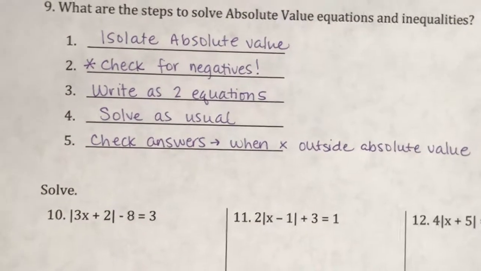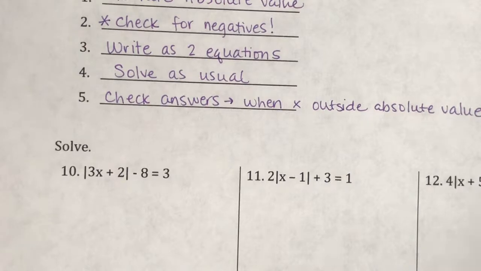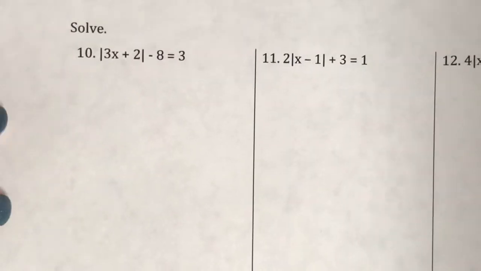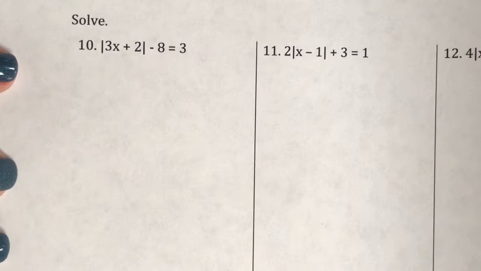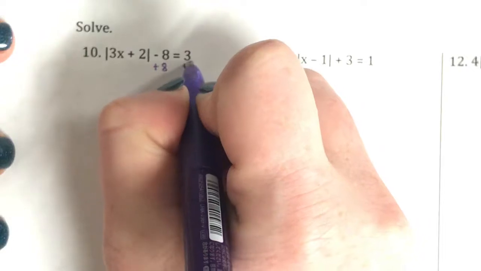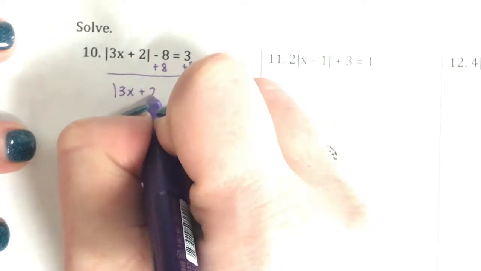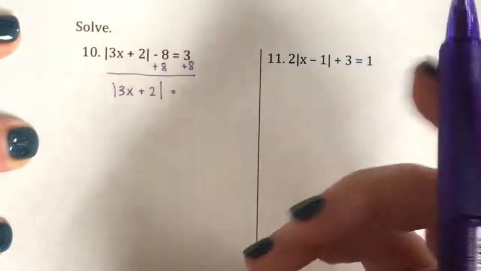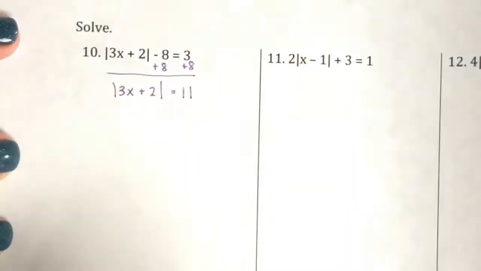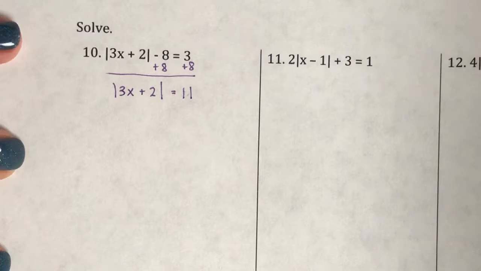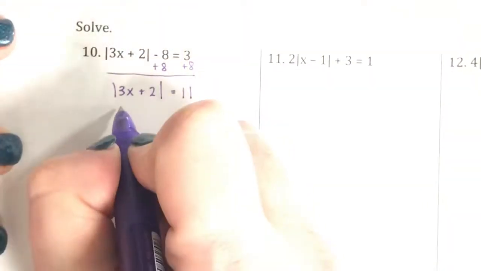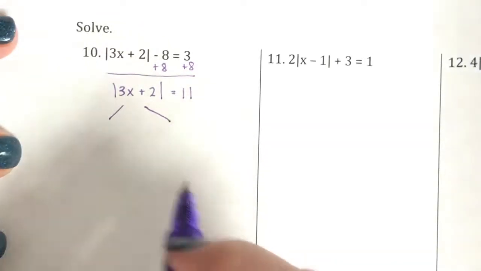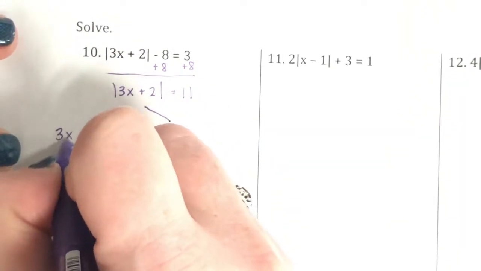So let's look at these last 6 problems that are solving. So number 10, we're going to start by isolating. So I'm going to add 8 to both sides. I get the absolute value of 3x plus 2 equals 11. I check to make sure that's not negative. To get rid of the absolute value symbols, I have to split it into 2 separate cases.